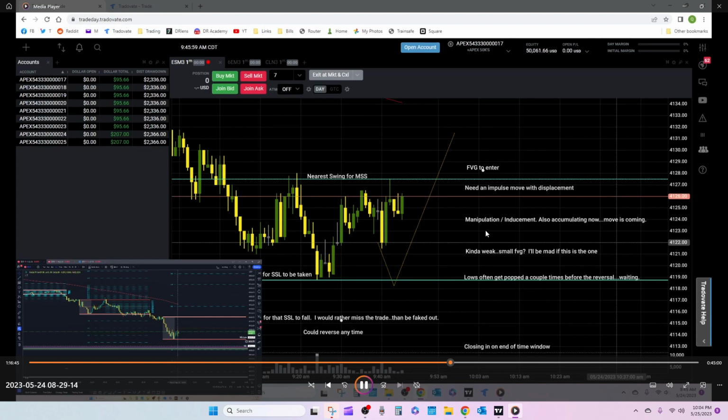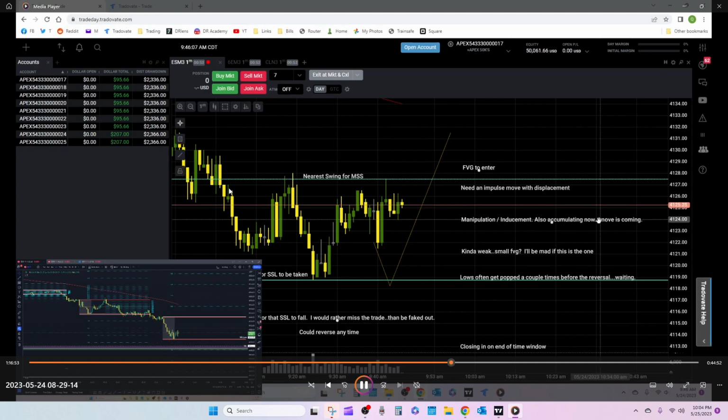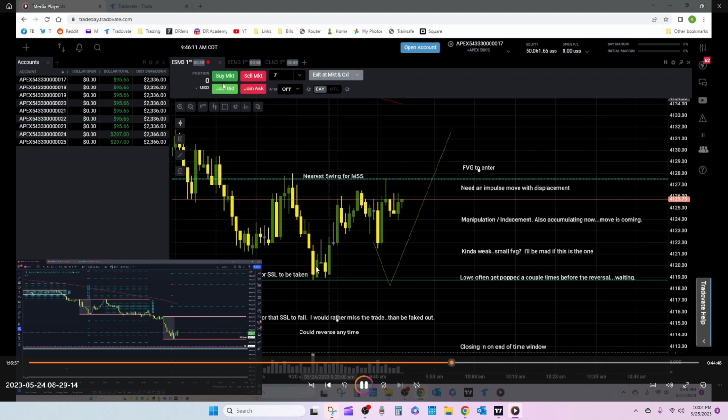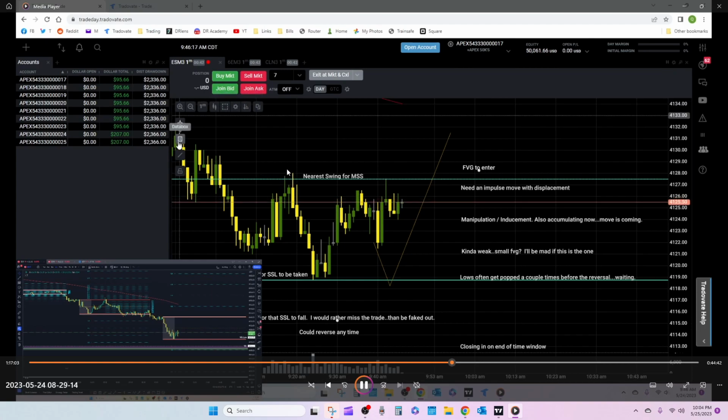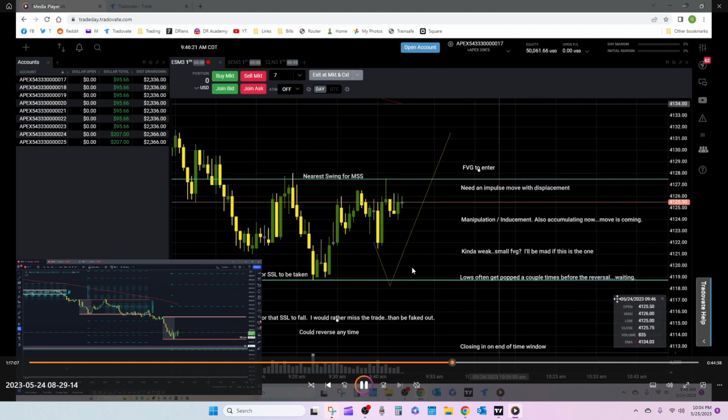So no new text. This is all, like I say, just sideways consolidation. This is also accumulation now. So, you know, you get the inducement when it drops down and makes you think it's going one way, or pops up to try to manipulate people into the market. And now also we're accumulating buy stops, sell stops on both sides of the market.